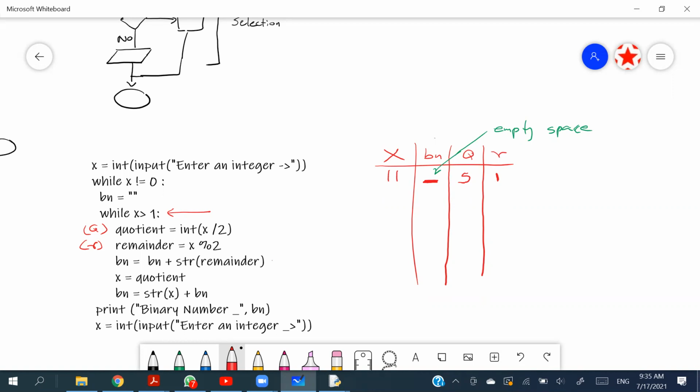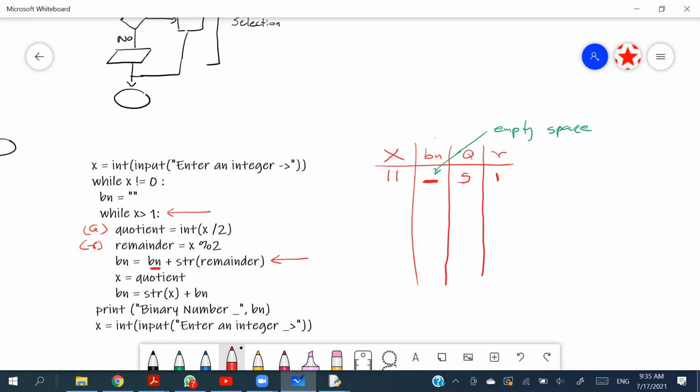So this means you take the current bn, so it has an empty space, and concatenate, plus, bn is a string. So plus indicates concatenation, right? Concatenate the remainder by converting it into a string.